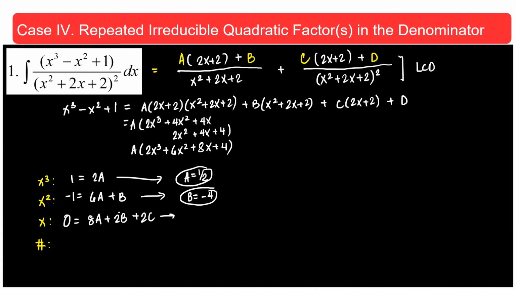So 4 minus 8 is -4. Move it to the other side. It's going to be 4, divided by 2, C is 2. Can you follow, guys?